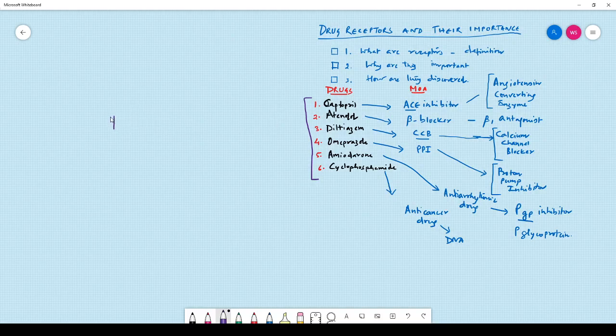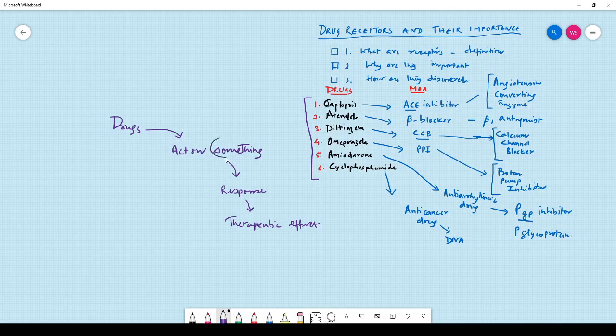So we can say drugs act on something, and that interaction results in a response, and that response translates into a therapeutic effect.